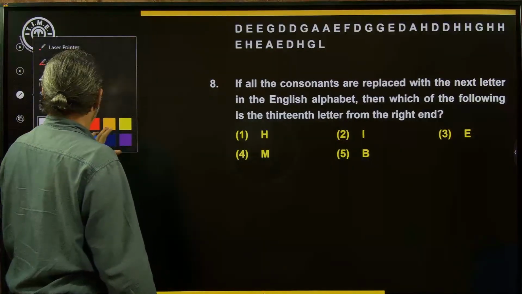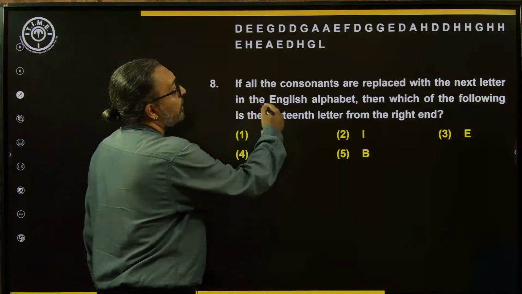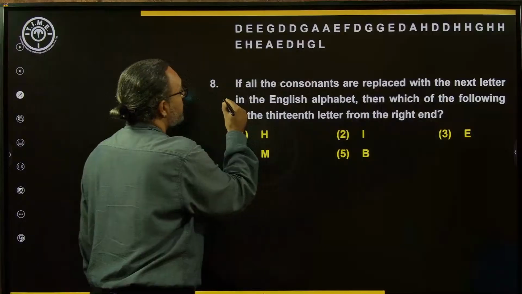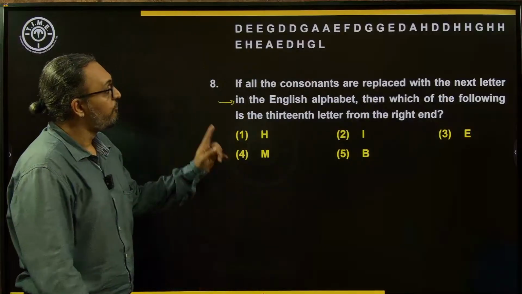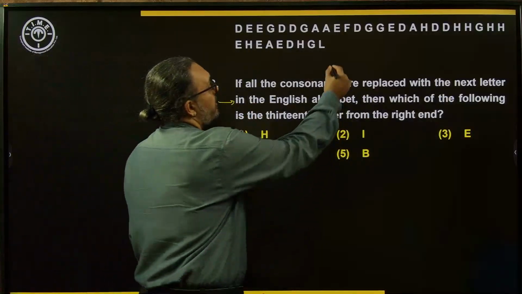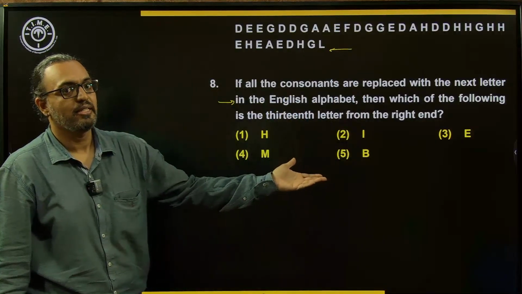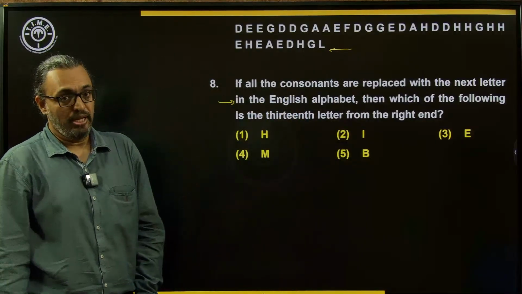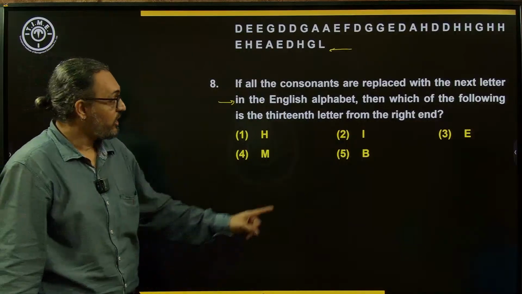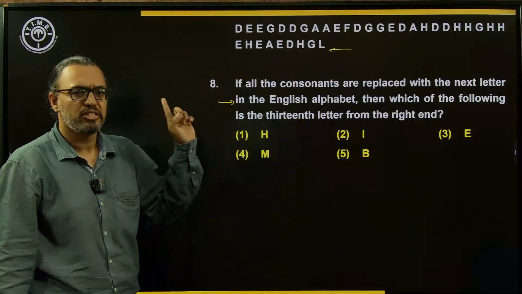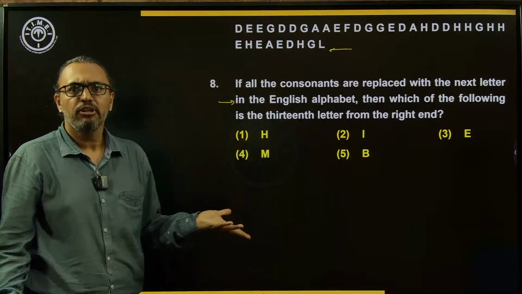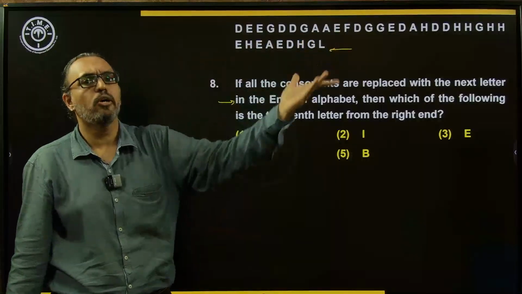Right. The next one. If all the consonants are replaced with the next letter in the English alphabet, then which of the following is 13th from the right end? See, you don't start replacing all the consonants unnecessarily. Be smart about it. You just count the 13th letter from the right end first, and change only that. That will give me my answer. You don't need to change all the consonants here.